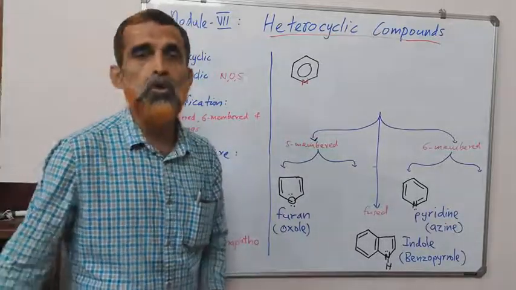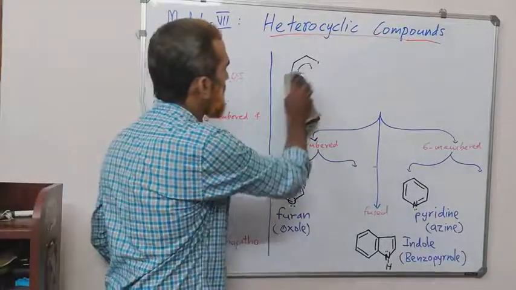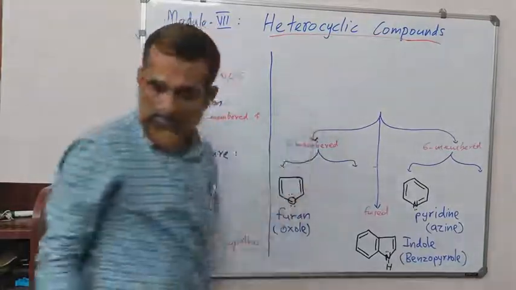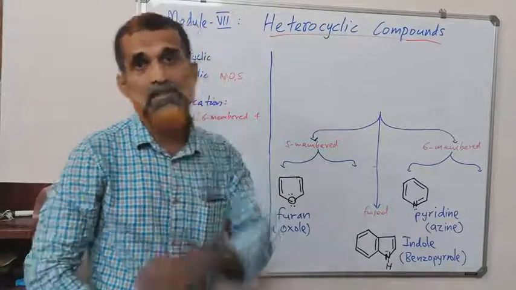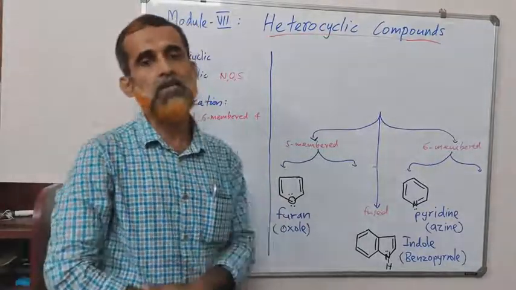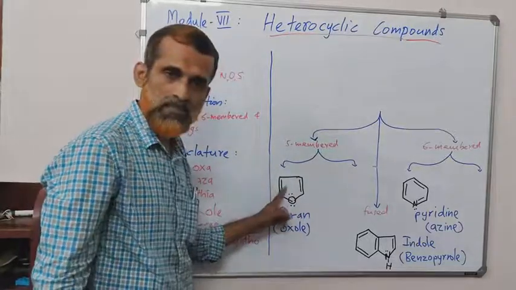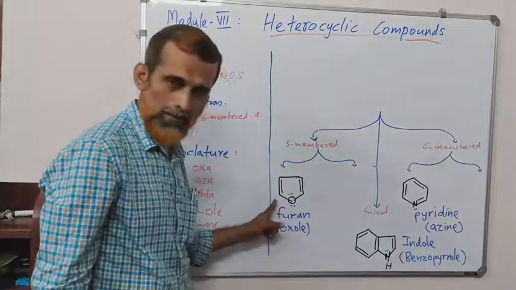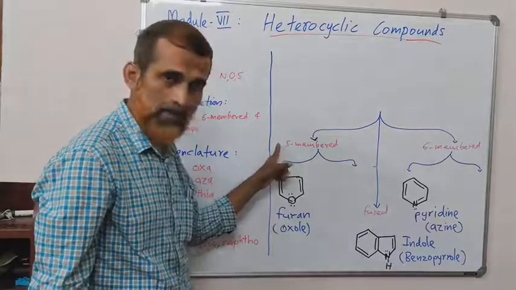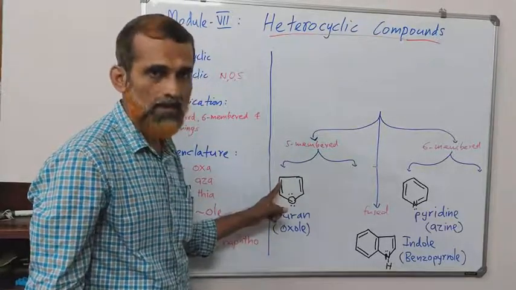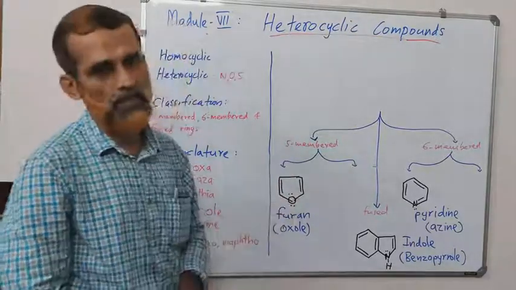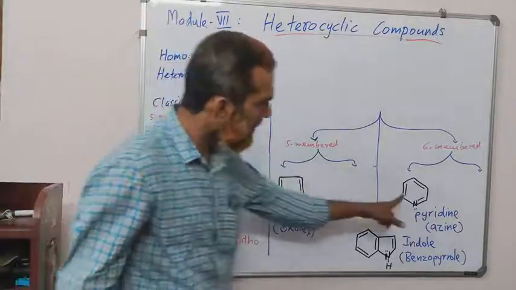Let us go to various examples of heterocyclic compounds. Remember that our syllabus emphasized 3 particular compounds to be discussed in detail. One is furan, which is a 5-membered heterocycle, an oxygen containing heterocyclic compound. Another is pyridine.